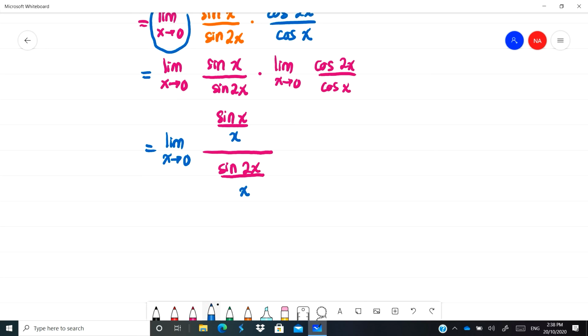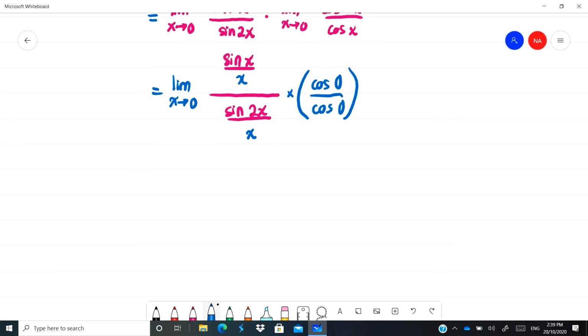So each denominator and also numerator will be divided by x. For this part we can substitute the value of x with 0, so we'll have cos of 0 divided by cos of 0. So we'll get 1 over 1, so it will become 1.